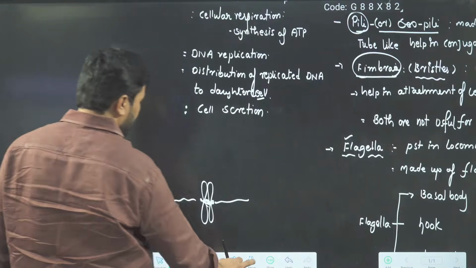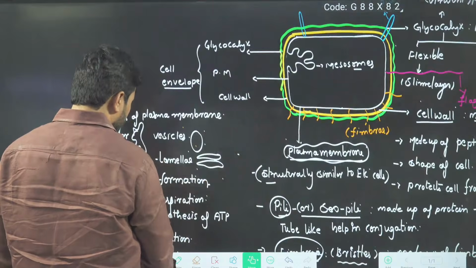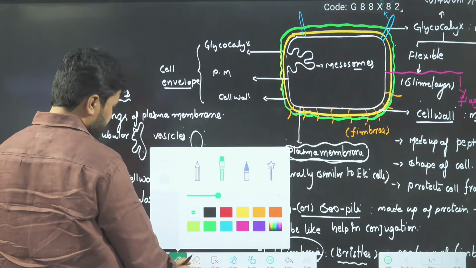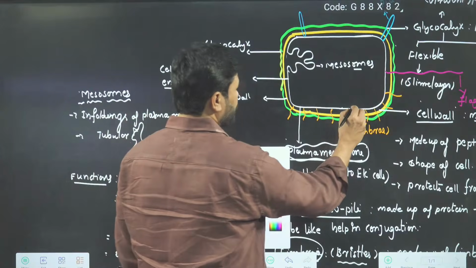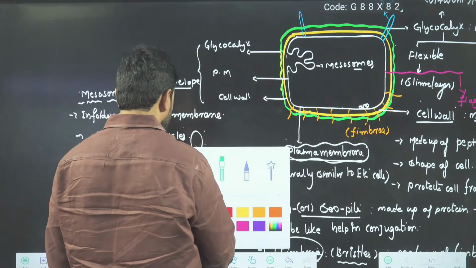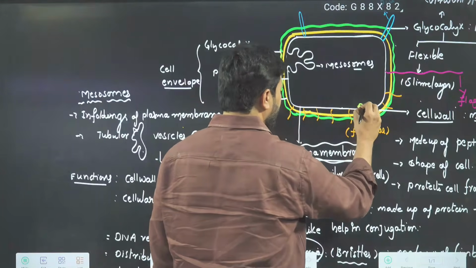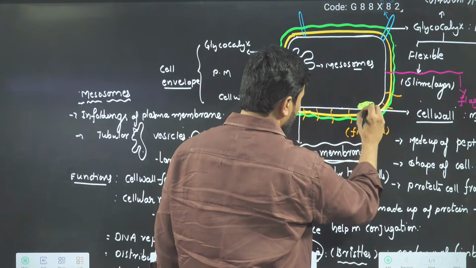Next one. Apart from the mesosomes, some other things we need to talk about. On a prokaryotic cell membrane, here and there, we will see some parts which possess pigmented areas, pigments.